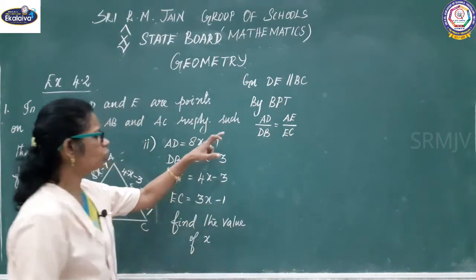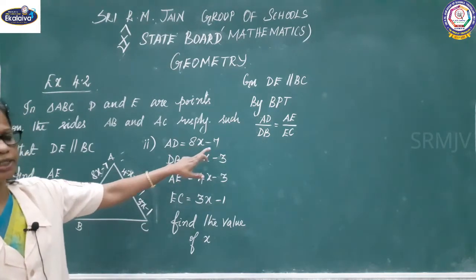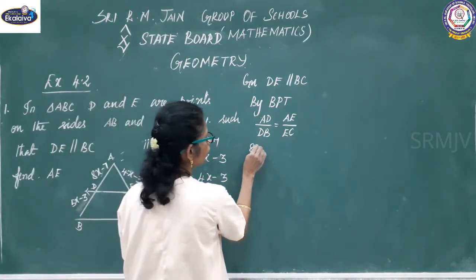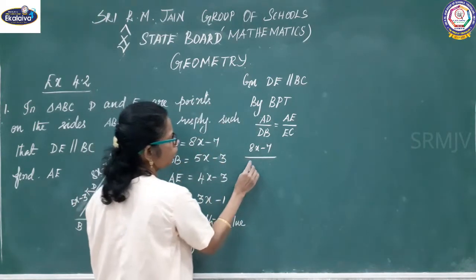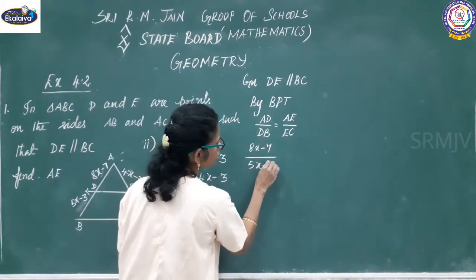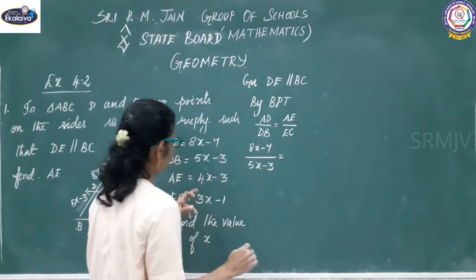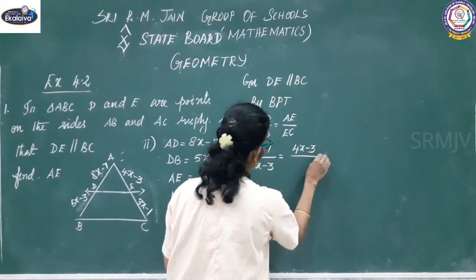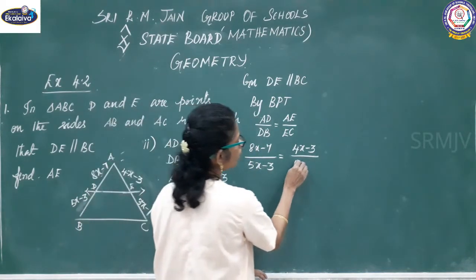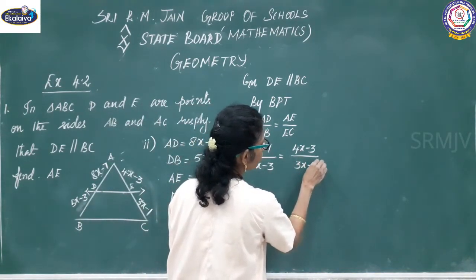Now, you know the value AD equal to 8x minus 7. So, 8x minus 7 divided by 5x minus 3 equal to 4x minus 3 divided by 3x minus 1.